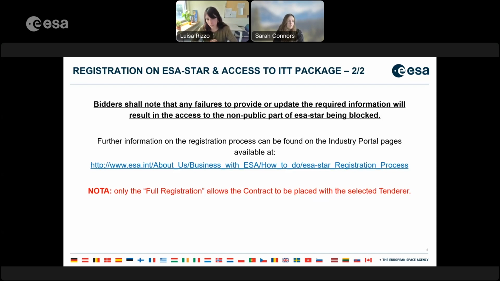For all information on the registration process and also points of contact within ESA, you may click on this link in the slide, and you will find a detailed explanation of the process and all the points to focus on when it comes to the registration. And as I already said before, only a full registration allows the contract to be placed with the selected tenderers.